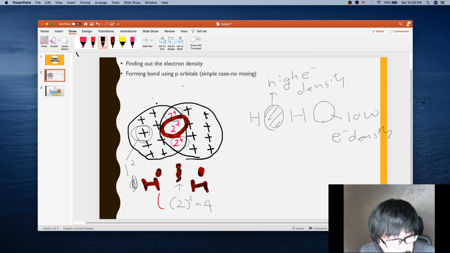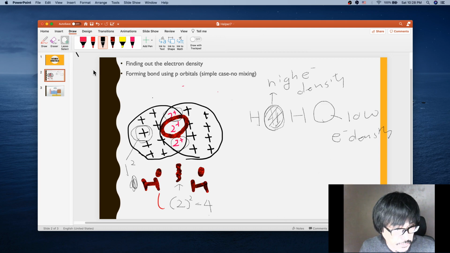And this is called constructive interference, because positive and positive makes high electron density in between those atoms.